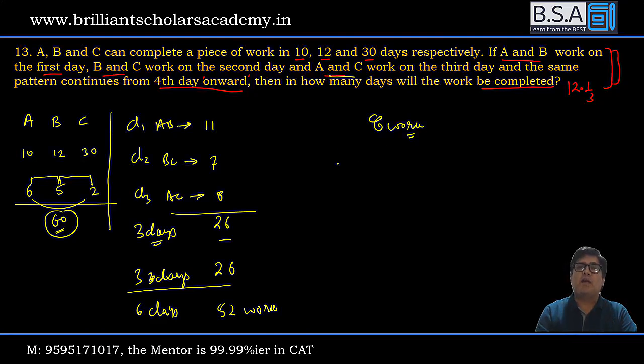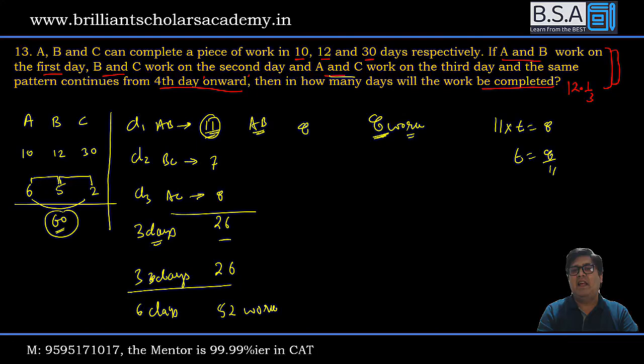Now, who will come for the work? A and B will come for the work. How much work can they do in a single day? 11 units. Will they need a complete day? No. The amount of work remaining is less than their speed. So we say speed into time is equal to work. How much time will they actually need?